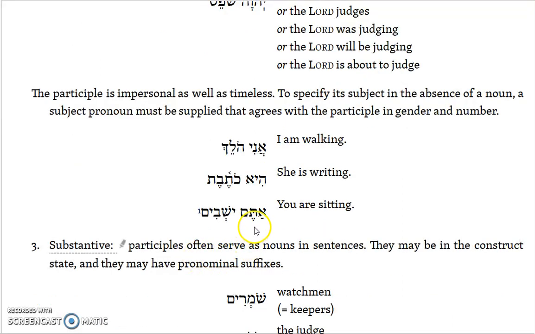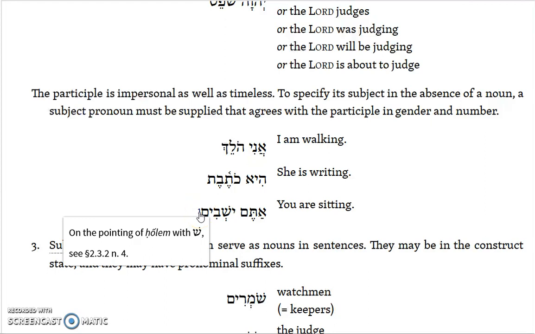And then if you said atem yoshavim, well, that's you masculine plural, and Yashav is to sit or to dwell. The participle Yoshavim is you are sitting. And again, that would be a sentence.